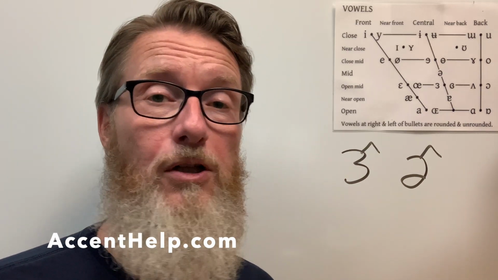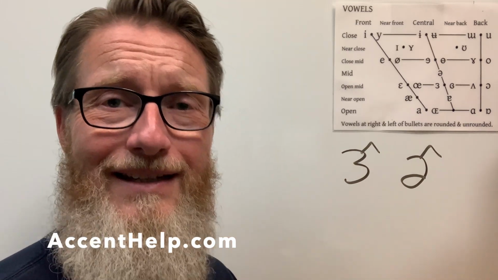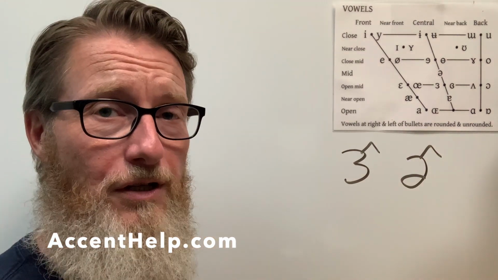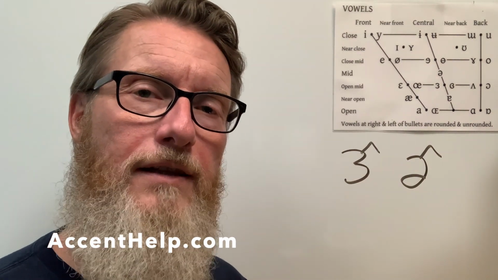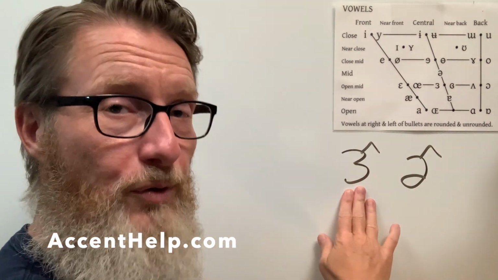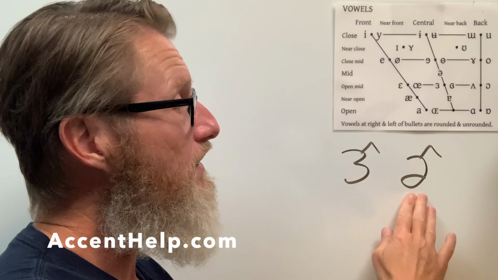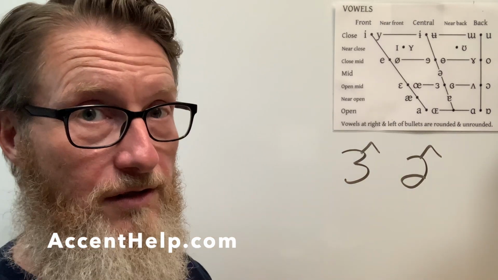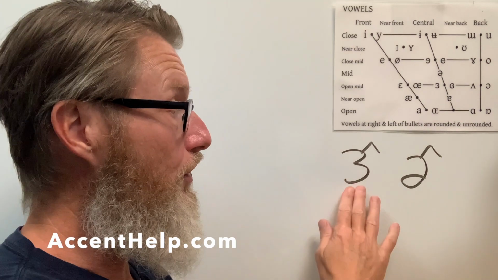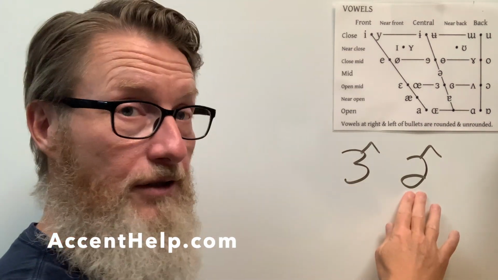So they're super close to each other when you look at the reality of the size of the inside of the mouth, right? But there's a traditional way that these are used. Traditionally, this one represents the stressed syllable. This one represents the unstressed syllable. So the lexical set words for these are nurse and letter.